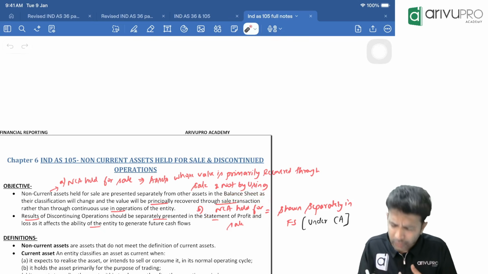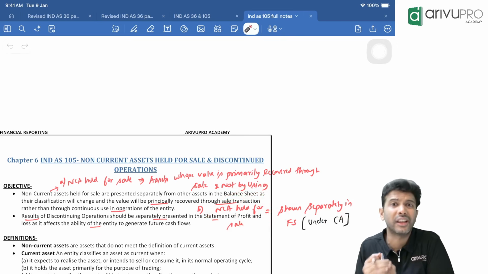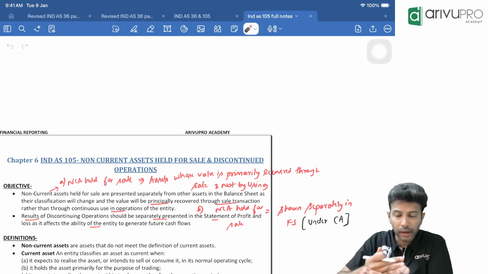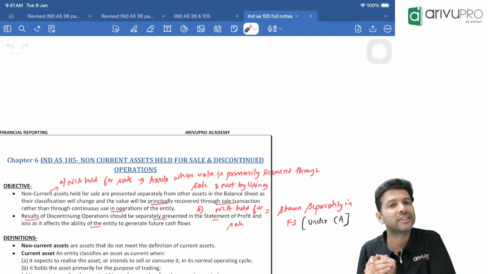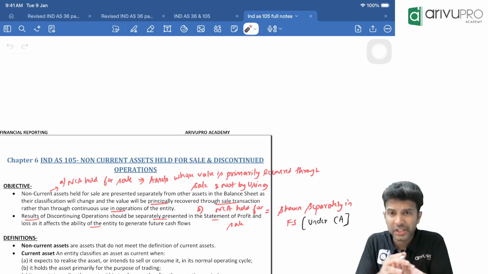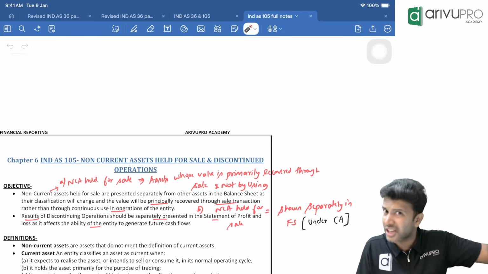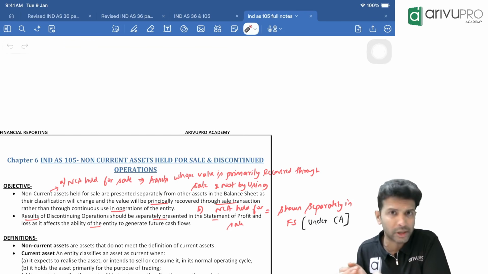The reason is, let's say a machinery which is used for production. In the current year, if the company decides to sell it, that's a major decision, isn't it? If a machinery which is used for production is being sold, there might be something going wrong with the company also, right?